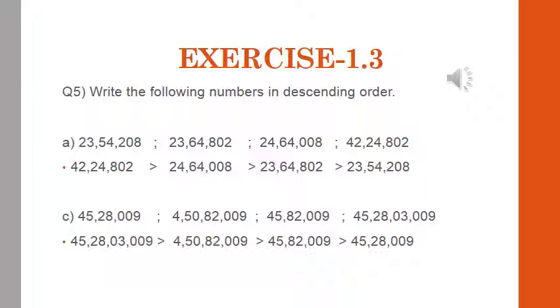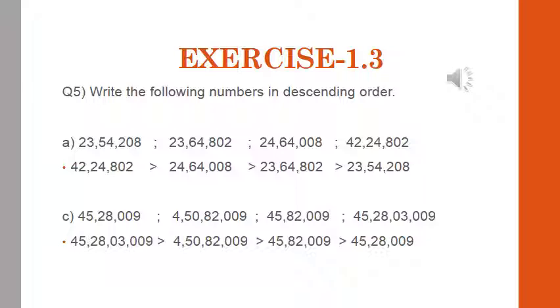Here in the thousand period you have 54, and in the next number you have 64 at the thousand place. Which one is bigger? If you compare both the numbers, the second one is bigger, that is 23 lakh 64,802. So it will come first, and then the last one will be 23 lakh 54,208. That's how we have to write down these numbers in descending order.